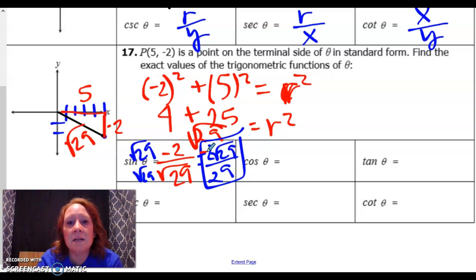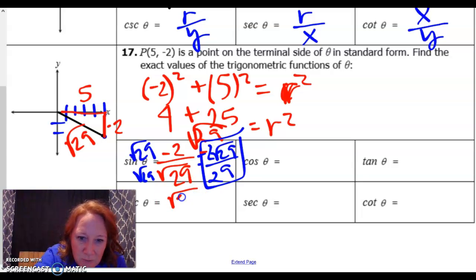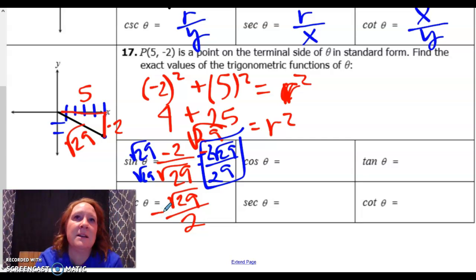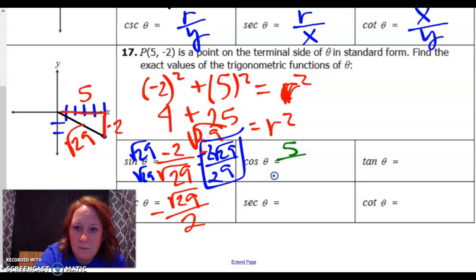As long as I'm here, can I just go back and find the cosecant right away? I can. Cosecant would be square root of 29 over negative 2. I'm just going to reciprocate it right away. Cosine is 5 over square root of 29. Do you see the pattern yet?